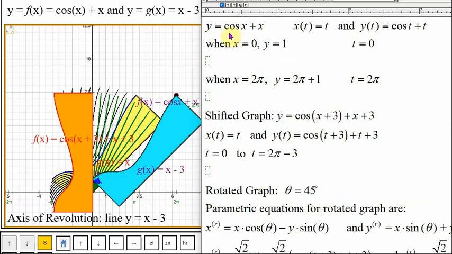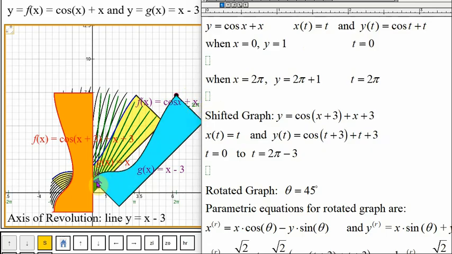So originally, this graph is y equal to cosine x plus x. And so the corresponding parametric equations are x of t equal to t, y of t equal to cosine of t plus t. So this set of parametric equations is for this graph.